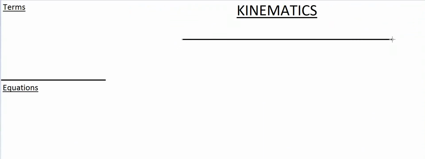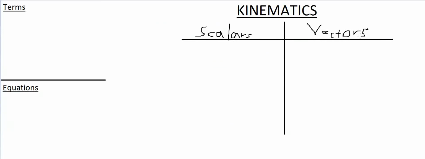So you might remember, the quantities in kinematics can be split into two basic groups: the scalars and the vectors. Excuse my handwriting. The scalar quantities in kinematics are basically what you have learned in your P6 math.